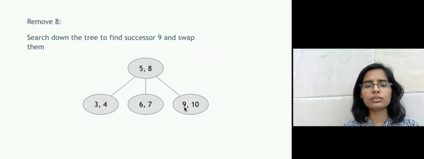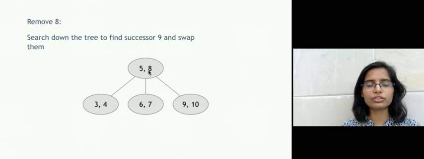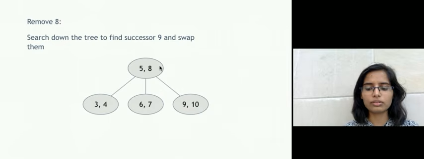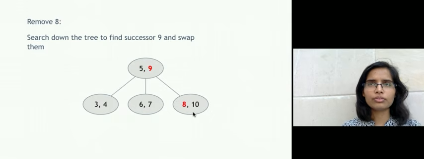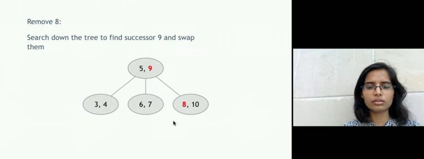Now, as I previously mentioned in our procedure, we'll swap these two values. So here I swapped these values. Now we had to remove 8. We can just simply do it. And remember, in this case 1, we are dealing with the case where after swapping with the successor, the number of values in that node is 2 or 3, so that we can easily remove it.